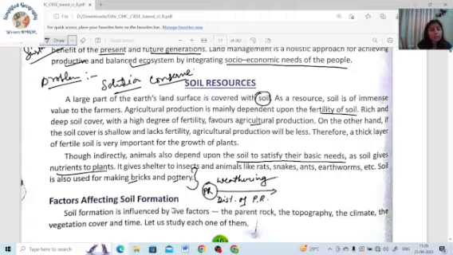So parent rock, after the process of weathering, becomes regolith. Regolith is this kind of formation of the parent rock, which is the disintegrated, weathered rock particles.